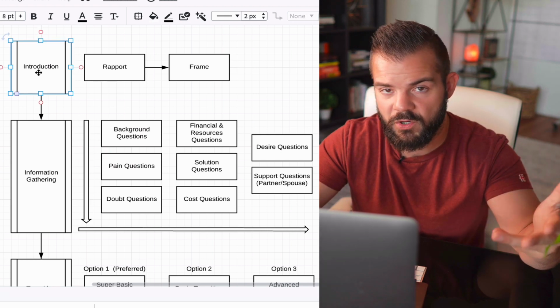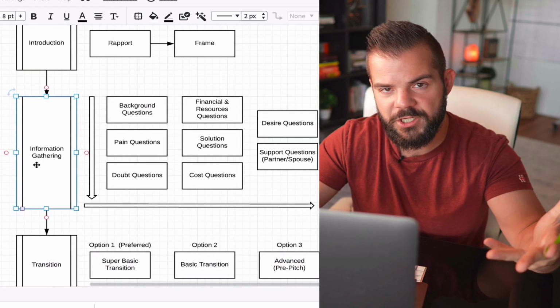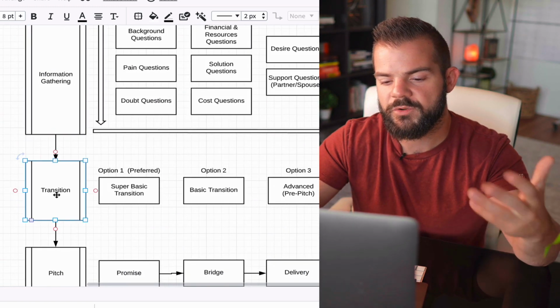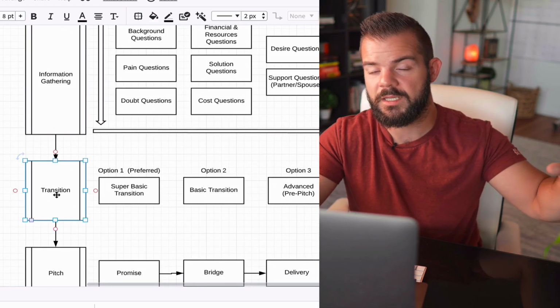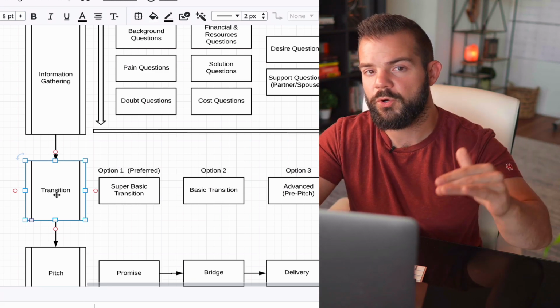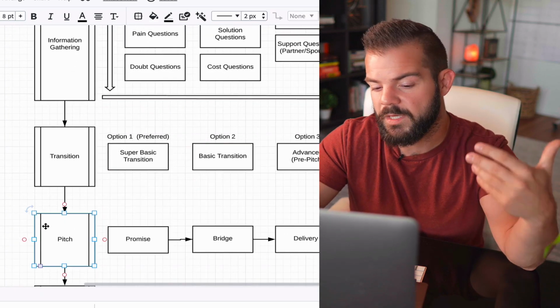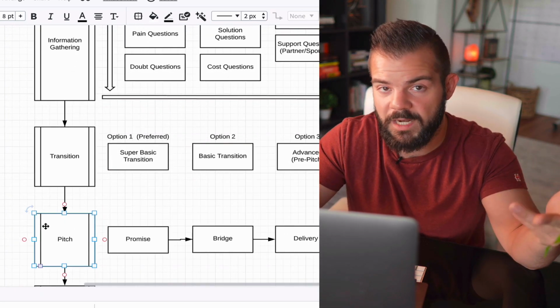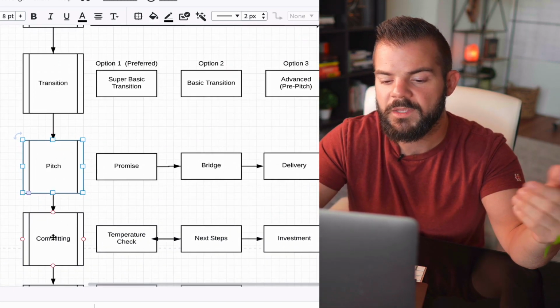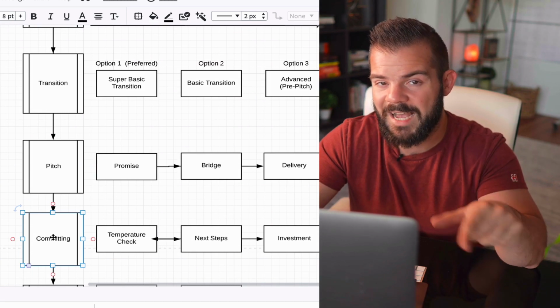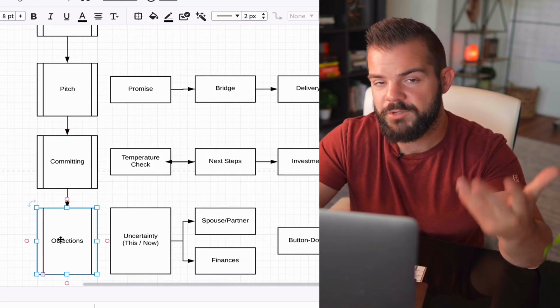Introduction, which is where you start the call and set the frame. Information gathering, where you're asking the questions. Transitions, where you're going from question asking to pitching them in a very low resistance way and in a way that tees up the pitch for success. Then there's the pitch, which is essentially just you explaining what you do on the phone in a very compelling way. Then there's the committing phase, which is really tying down on the process. And then there's objections, okay?